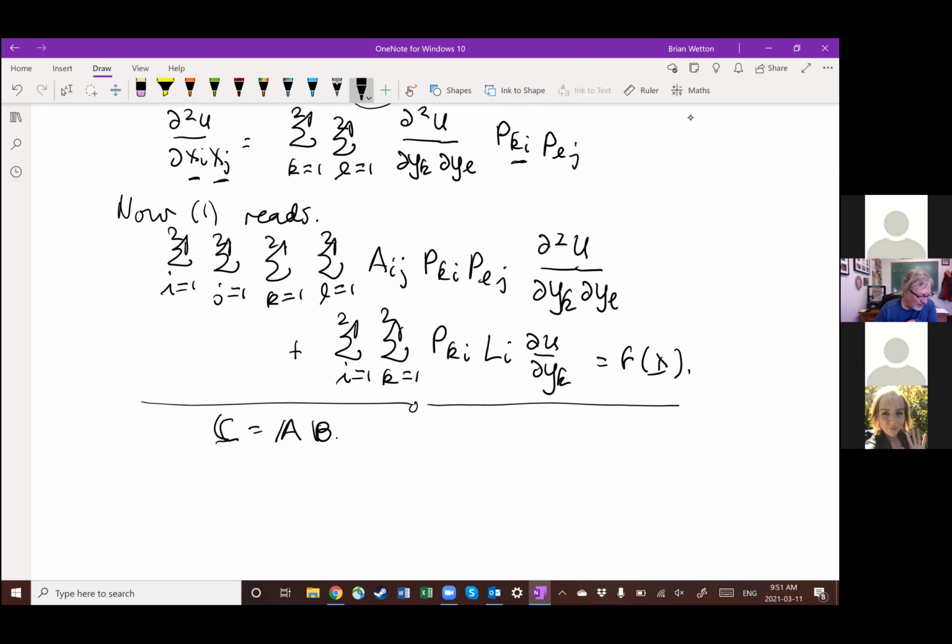And if you think about that in terms of this summation notation, then to get the ith row, kth column of the product, you take the inner product of the ith row of A with the kth column of B, and so that's a sum of Aij Bjk.